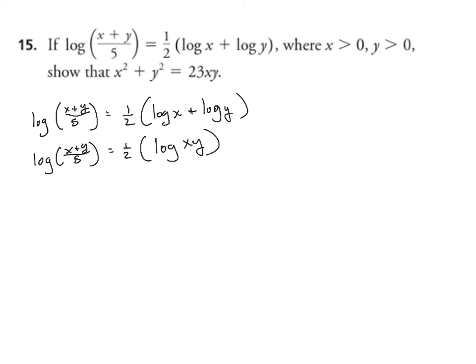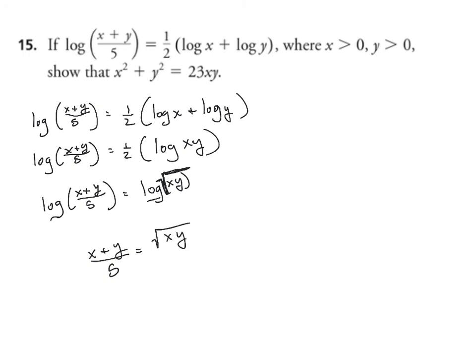All right, the 1/2 can get put up, so we can say log of x plus y over 5 equals log of xy to the 1/2, or we could say the square root of xy. All right, since we have a log with the same base on both sides, we can now say that x plus y over 5 must equal the square root of xy.